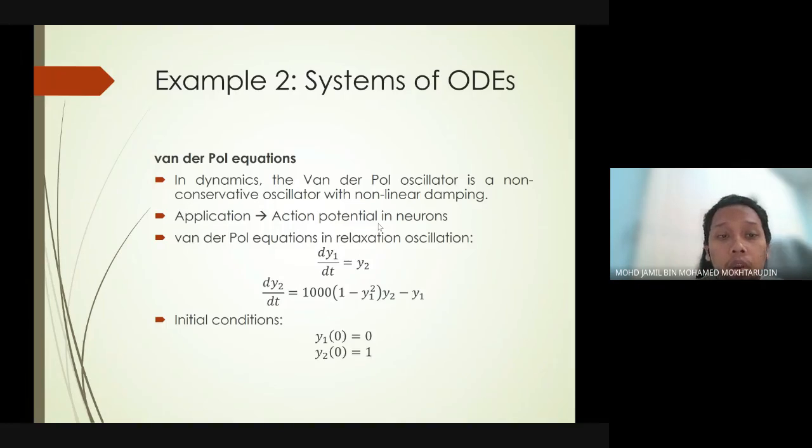All of this uses van der Pol type equations. The most common van der Pol equation is given here. dy1/dt equals y2. dy2/dt equals 1000 times (1 minus y1 squared) times y2 minus y1.